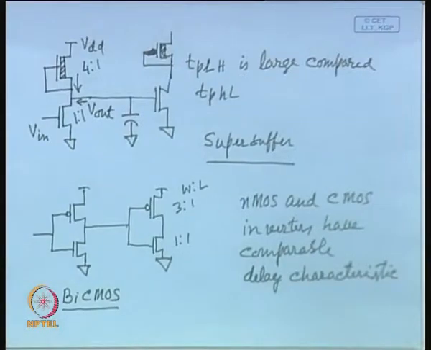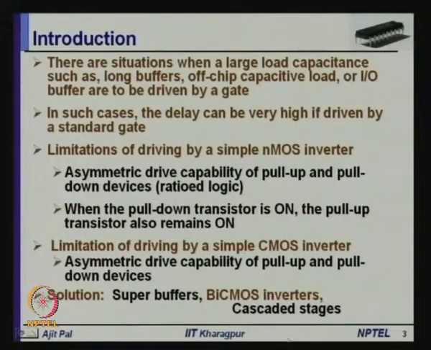Then finally, another technique we shall discuss, that is cascaded stages. We shall see that instead of using a single large driver, it is more beneficial to use several inverters or drivers of increasingly larger size to reduce the delay.